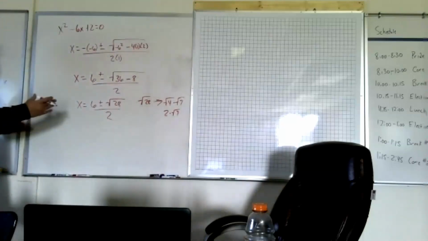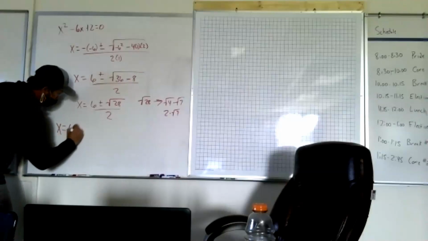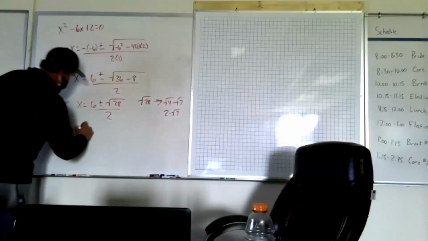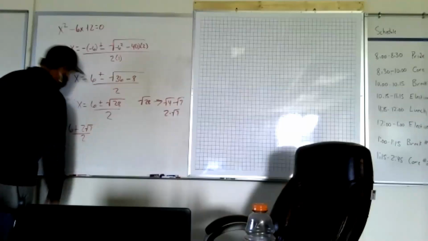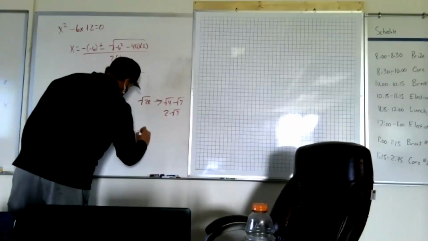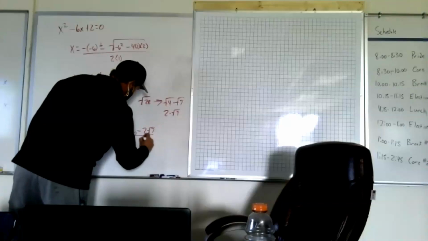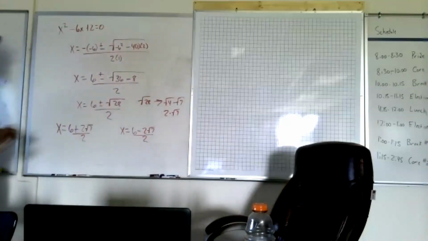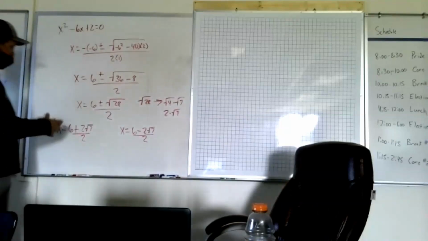Okay, so when I split this, I'm going to write it as x is equal to 6 plus 2 square root of 7 over 2, then x is equal to 6 minus 2 square root of 7 over 2. Okay, and at this point, you can actually say that you're done. Okay, but you actually want to simplify these. You want to split them.